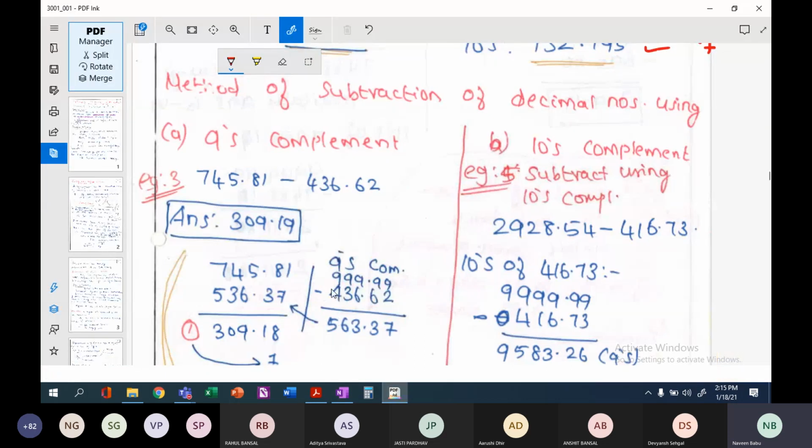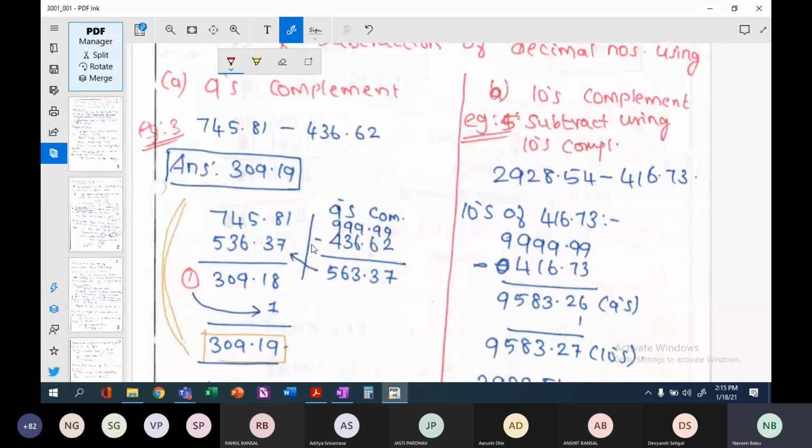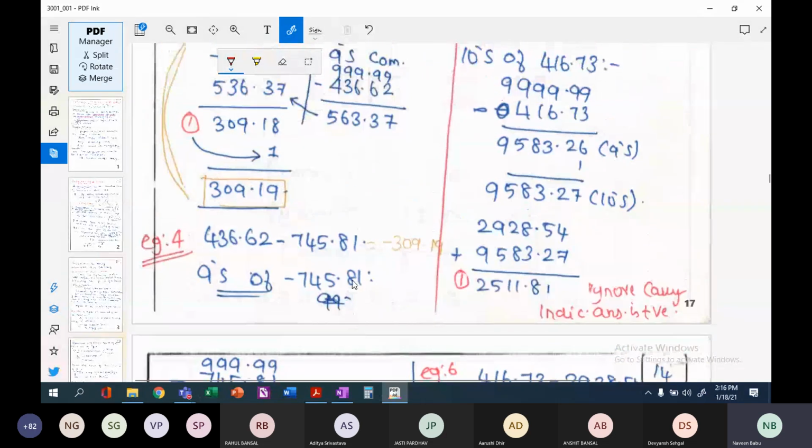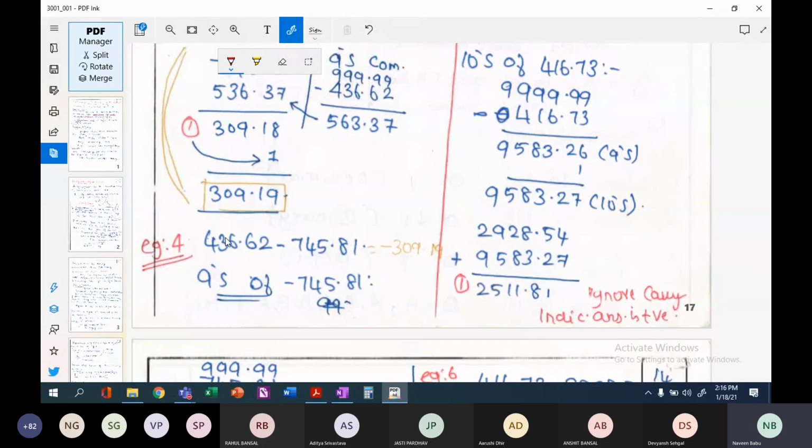Okay. We'll come back to the tens complement later. Now, if I subtract 436.62 minus 745.81, this is the actual straightforward subtracted answer, which is minus 309.19.